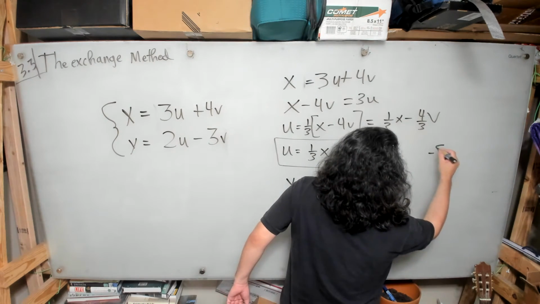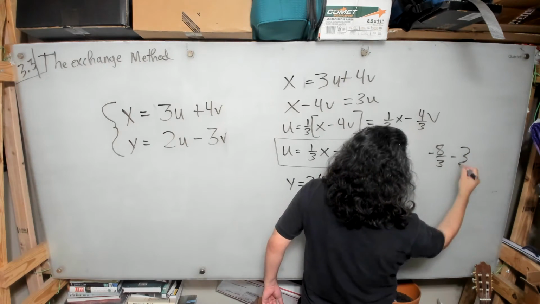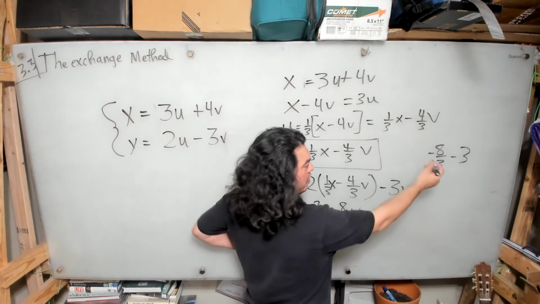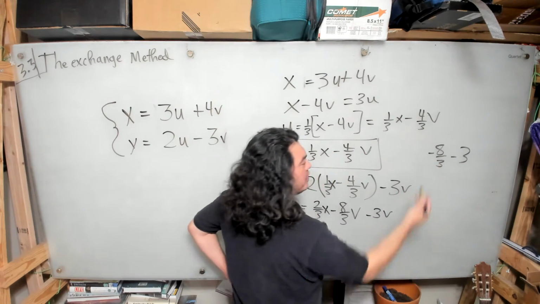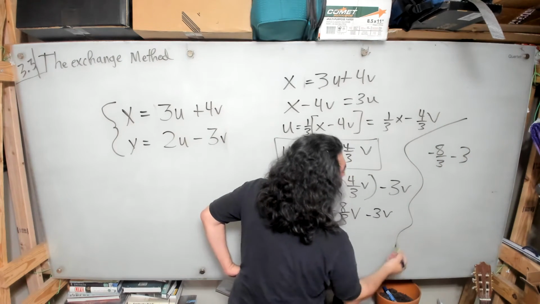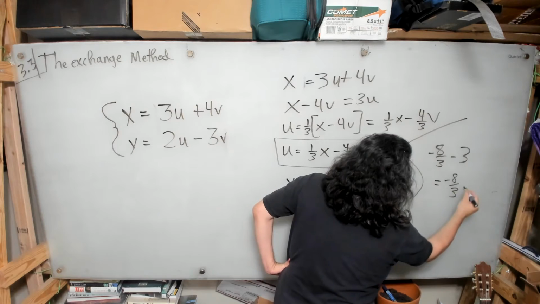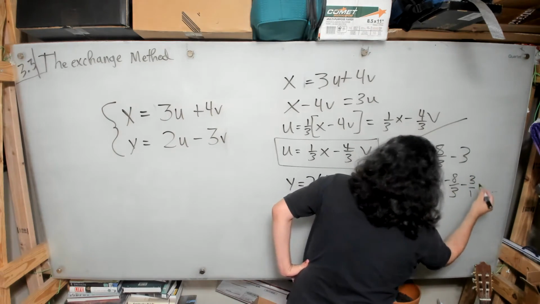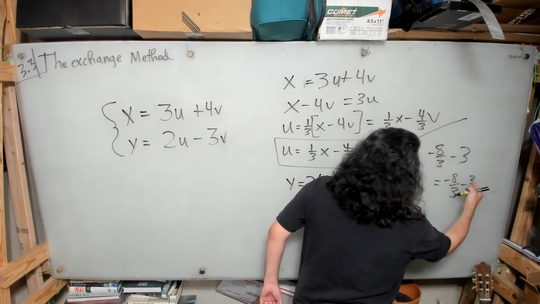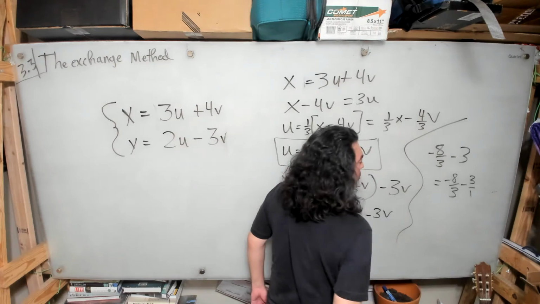What is negative 8/3 minus 3? Well, the first thing we notice is that we can't do it directly because this one's a fraction, this one isn't. So I somehow need to make the second one into a fraction. How am I going to do that? Well, I'm going to set it over 1. So I'm going to have negative 8/3 minus 3/1. And then I need to multiply the top and bottom of this second fraction so that I can get the denominators to be the same.